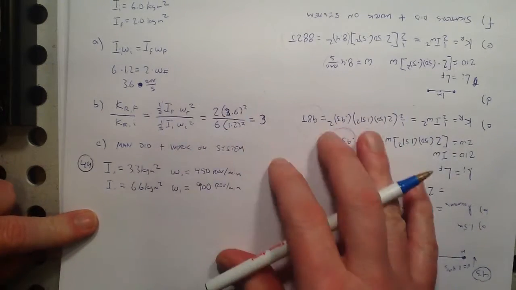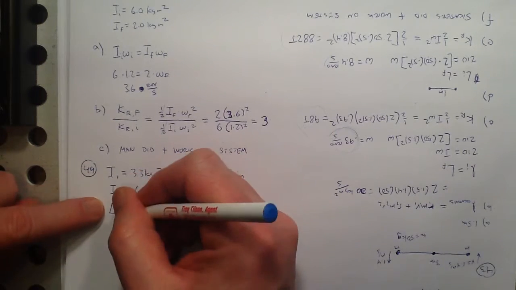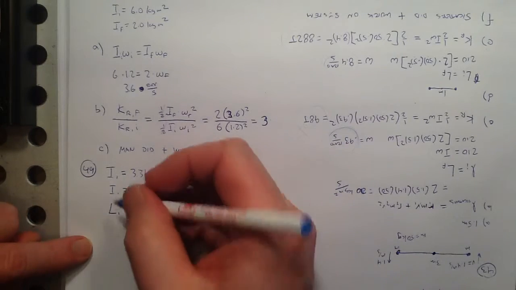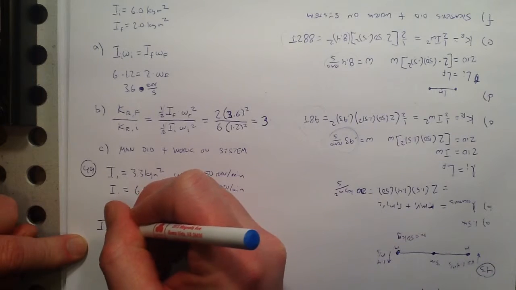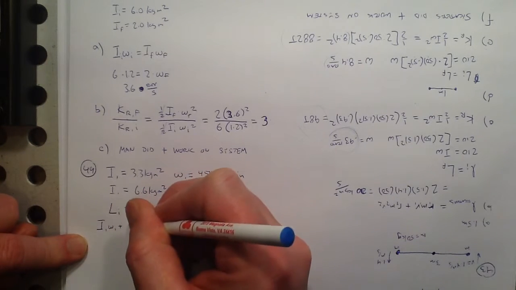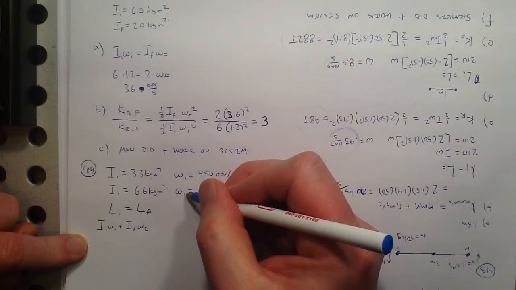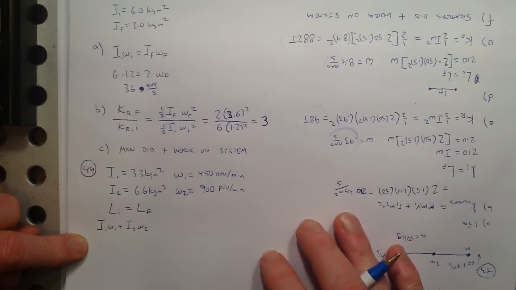Well, we know that the total angular momentum before is equal to the total angular momentum after. The total angular momentum before is I1 omega 1 plus I2 omega 2. That's the second disc, right?